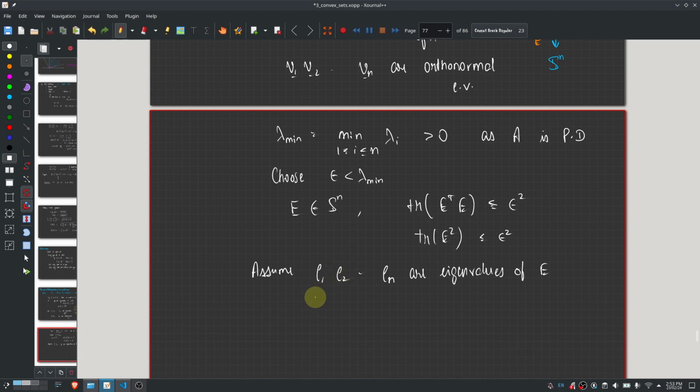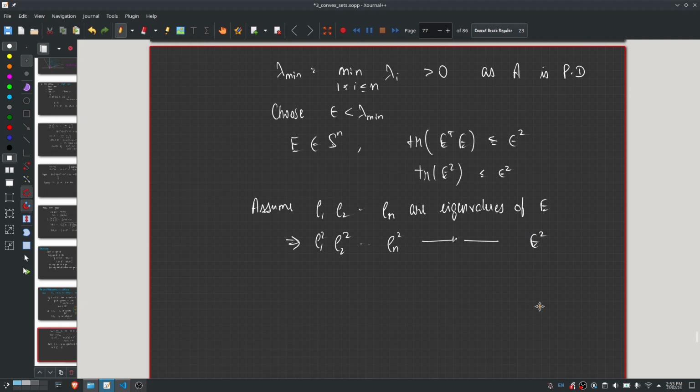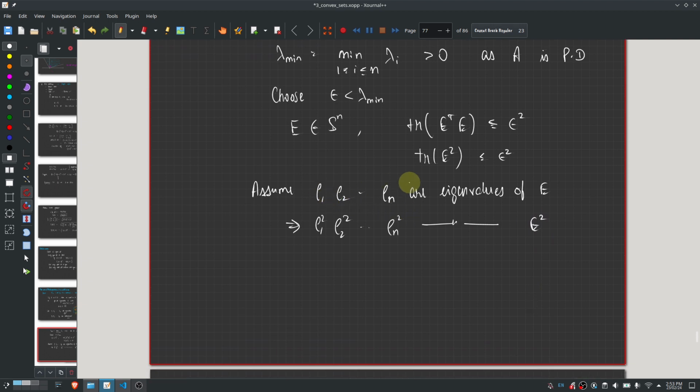Okay, and so these are the eigenvalues of E square. So what can I say about the eigenvalues of E in terms of epsilon? Correct.